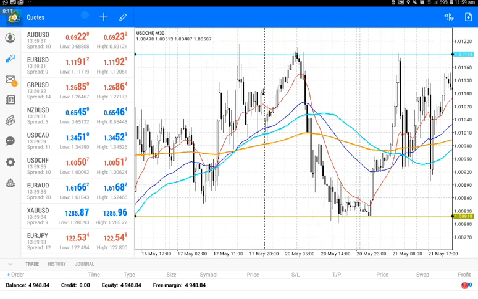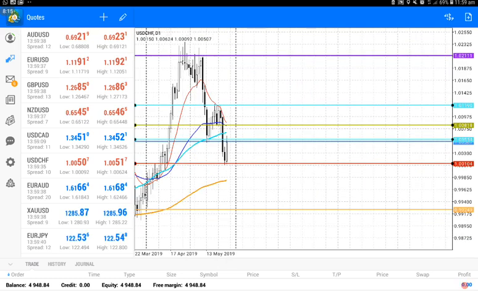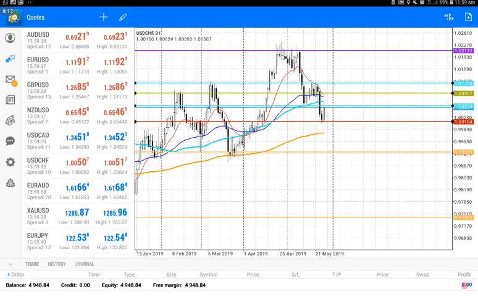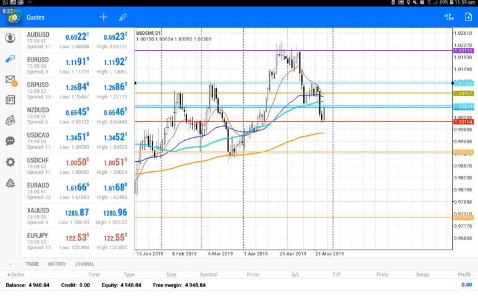Let me remove these drawings and go back to a larger time frame. Now, look at this. On a larger time frame, when we drew this blue, the top blue line here, the one I highlighted now, we drew it as a resistance.